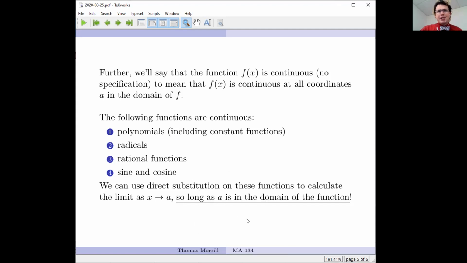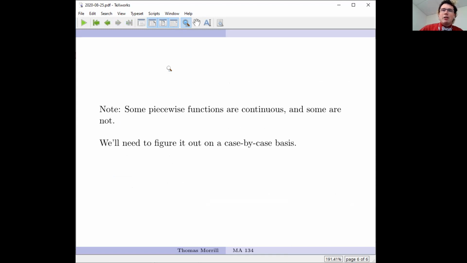Now, what's not on my list here, a notable exclusion, is the piecewise functions. Depending on the formula that my function uses, some piecewise functions will be continuous and others will not be continuous. So again, let's go back to Desmos.